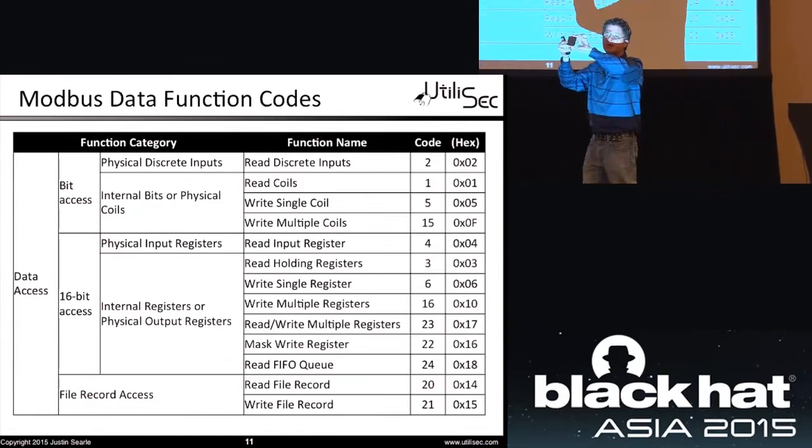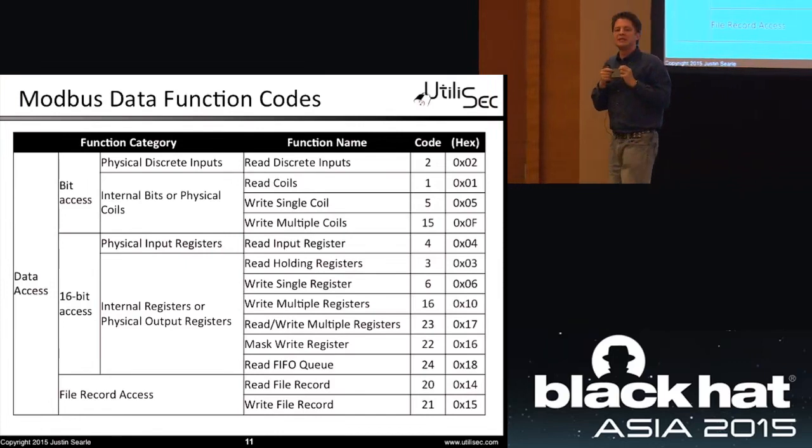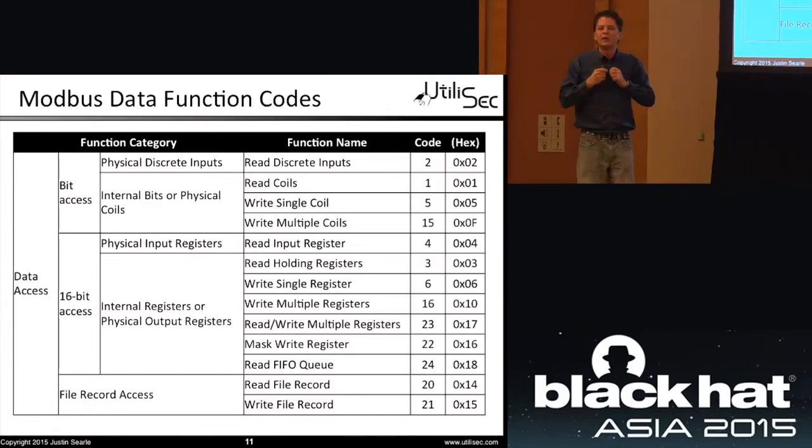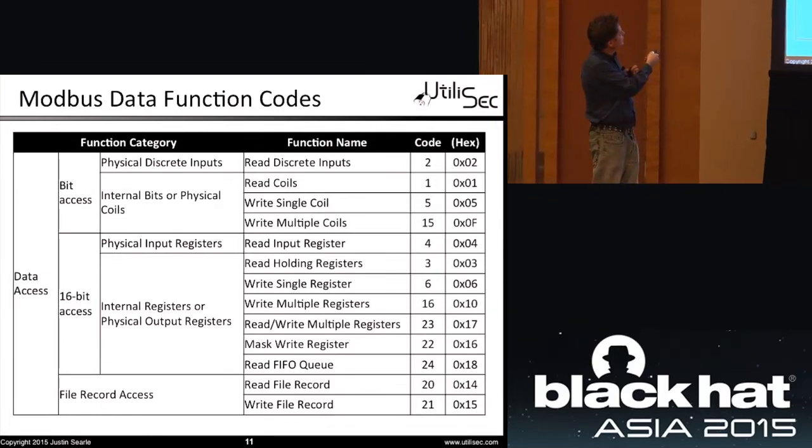When we talk to different types of PLCs, I showed you on these PLCs, we have digital inputs and outputs, and we have analog inputs and outputs. If we want to talk to a digital input or output, we call these coils in Modbus terminology. Okay? So if I want to talk to digital, which means bit level access, either on or off, we can read coils or we can write to coils.